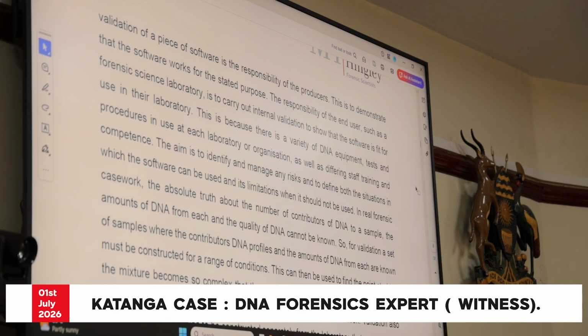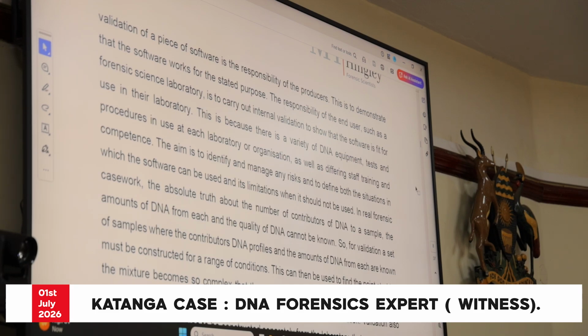Okay? Now, the impact on our case, or maybe the explanation you are giving, my Lord, about software. In order to be used in the forensic context and to meet the evidential level required, the producers of the software must demonstrate that the software and the mathematics within the software work as expected.